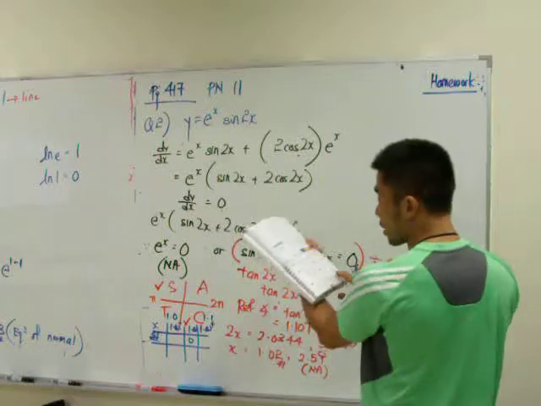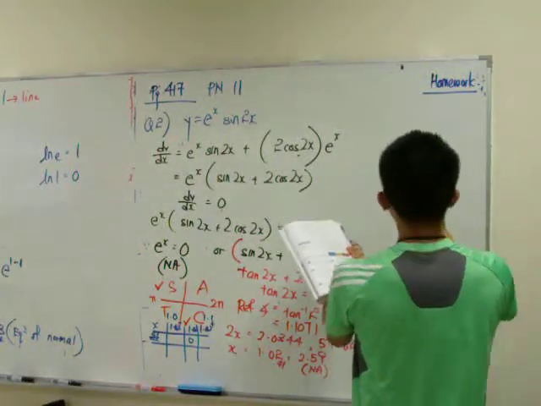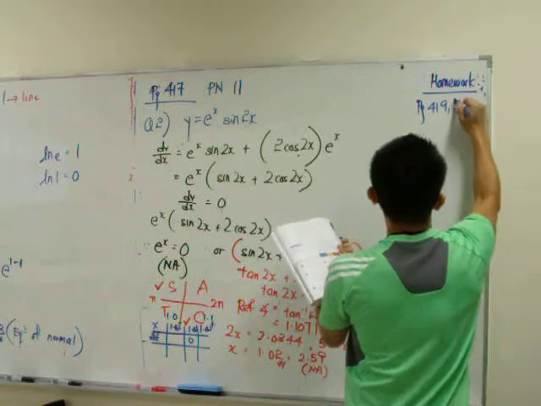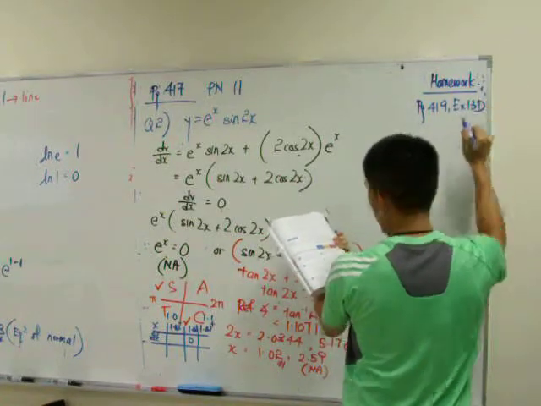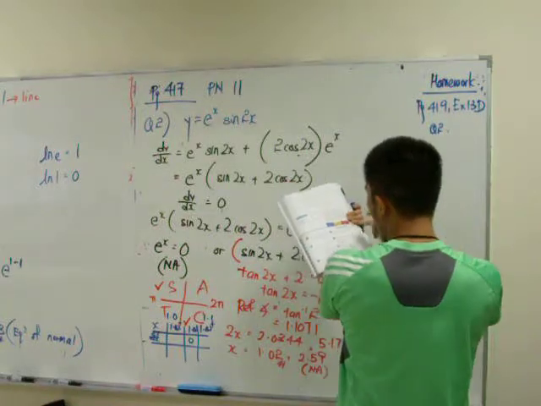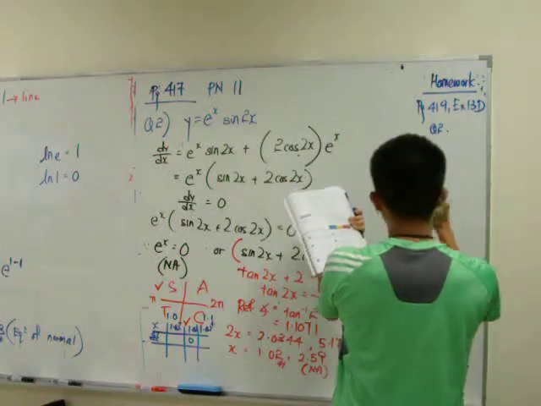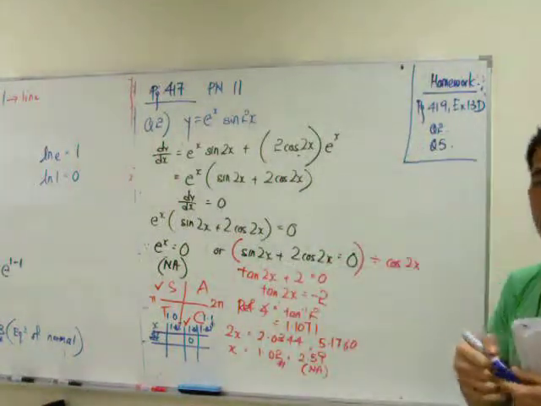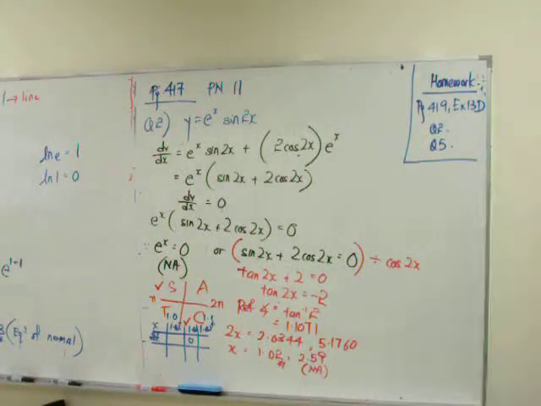You need to do stationary points itself. So, page 419, exercise 13D. I will need you to try question 2 as well as question 5. That's all. Stationary points. Okay? Question 2 as well as question 5.